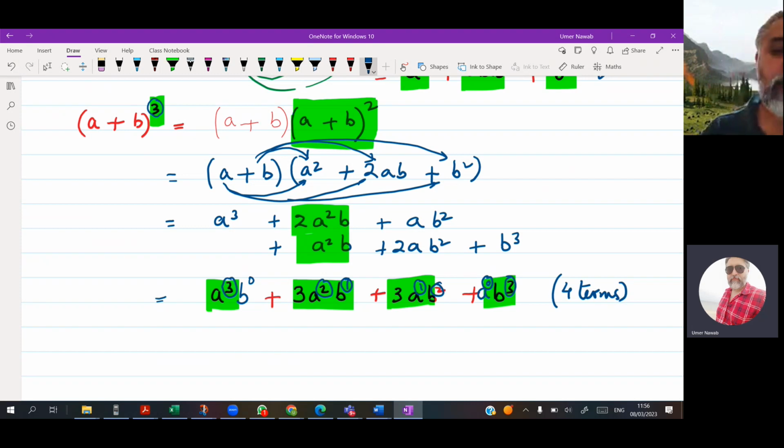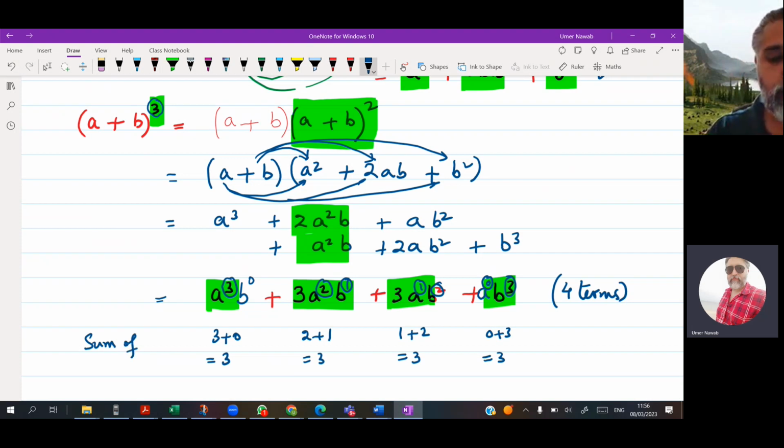Another interesting thing: we can see the sum of the powers. 3 plus 0 is 3. 2 plus 1 is also 3. 1 plus 2, the sum of the powers of a and b, is also 3. And 0 plus 3, the sum of the powers is also 3. Wow. This is another characteristic which we have seen in the expansion in every term.